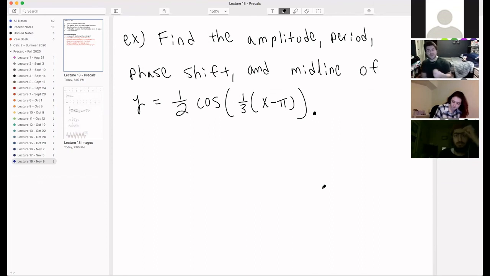Okay, so I'm giving you an algebraic formula for the transformation of cosine, and I want you to tell me the amplitude, period, phase shift, and midline of it.